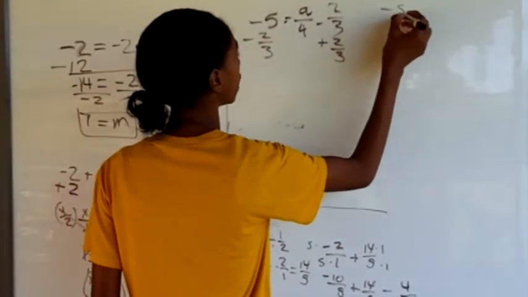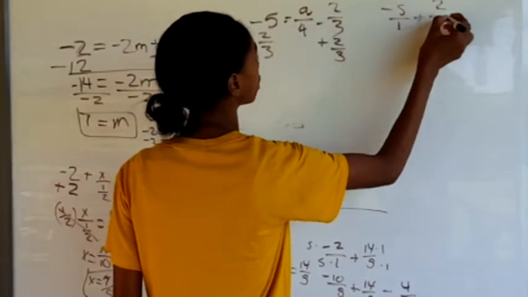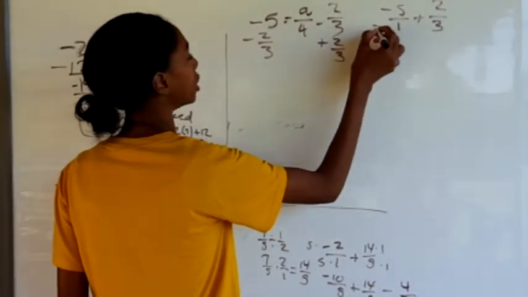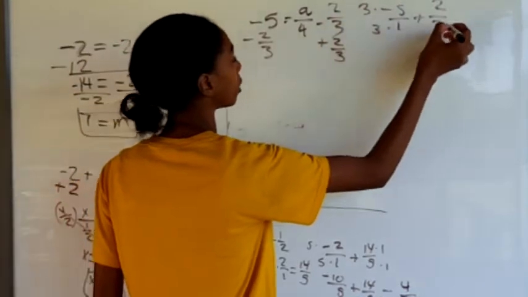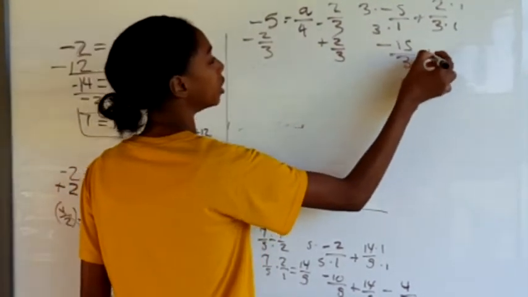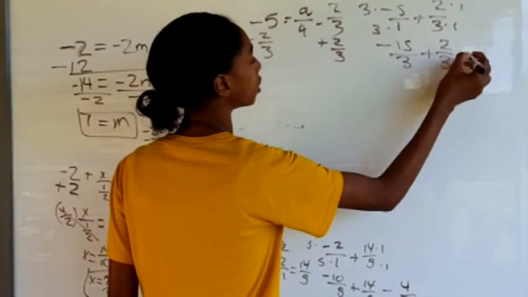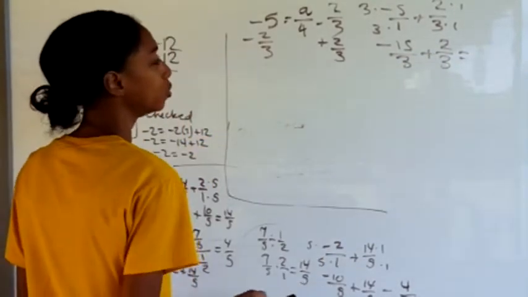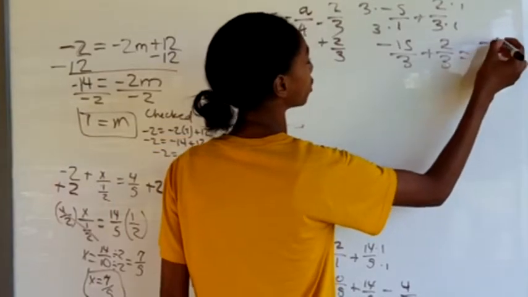So negative 5 over 1 plus 2/3. Least common denominator is going to be 3. So multiply by 3 times 1. That's going to be negative 15 over 3 plus 2 over 3. Negative 15 plus 2 is negative 13.